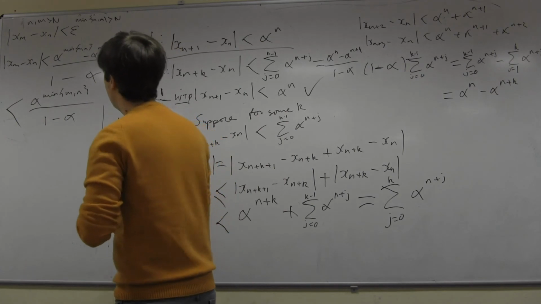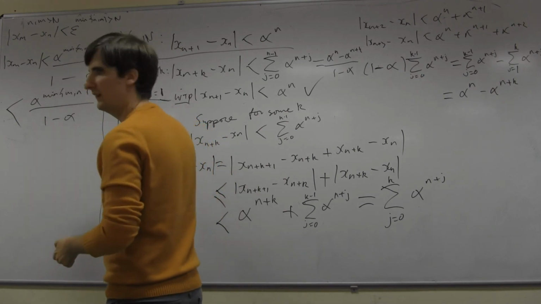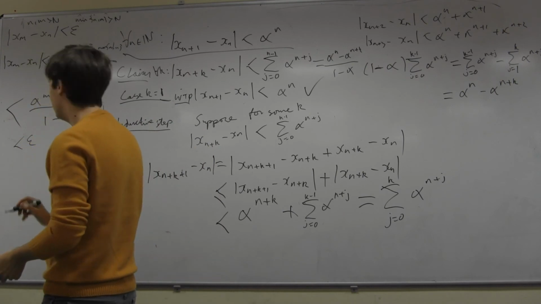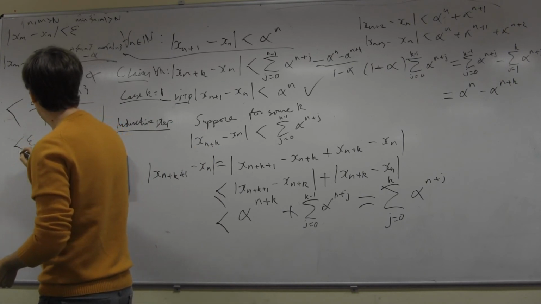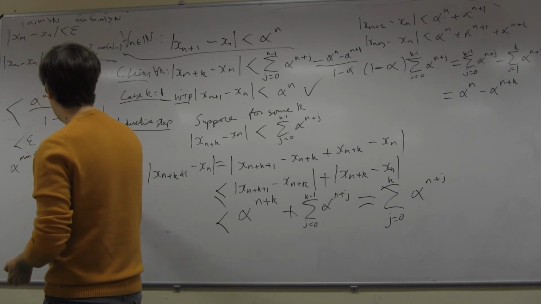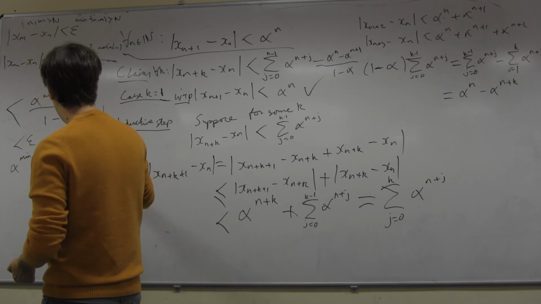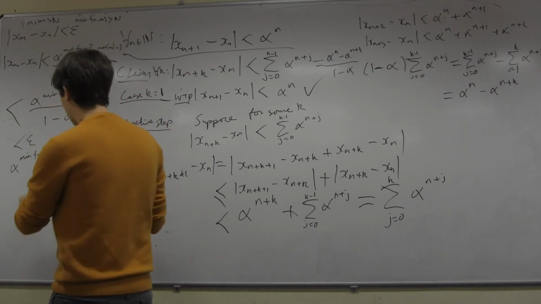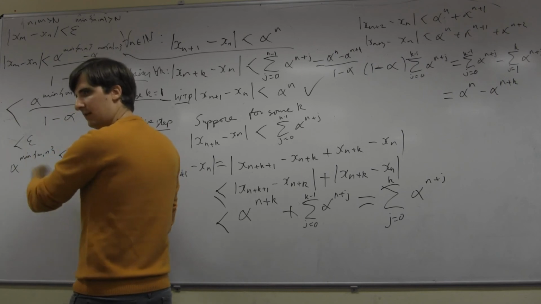We want it to be less than epsilon. So let's suppose that this thing is less than epsilon. When is that true? That's true if and only if alpha to the power of min(m,n) is less than (1 minus alpha) times epsilon. So let's take logs.